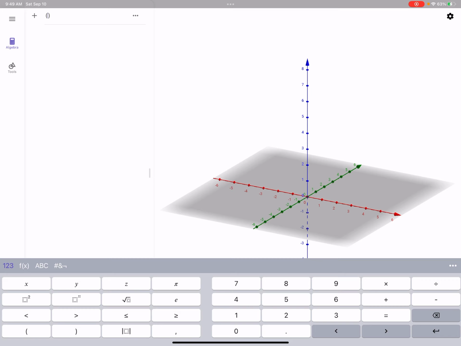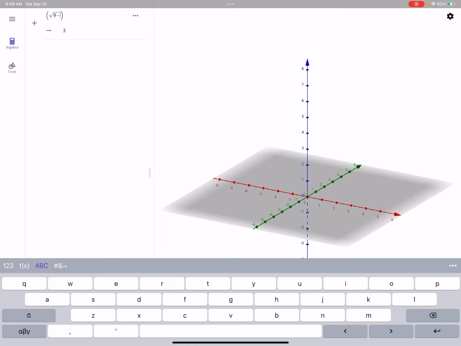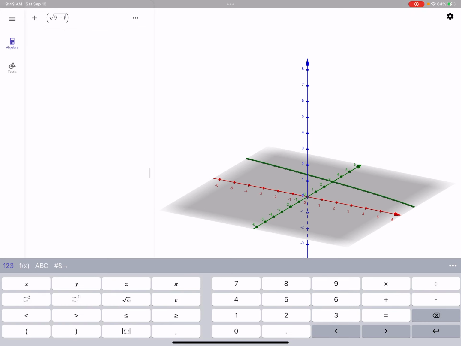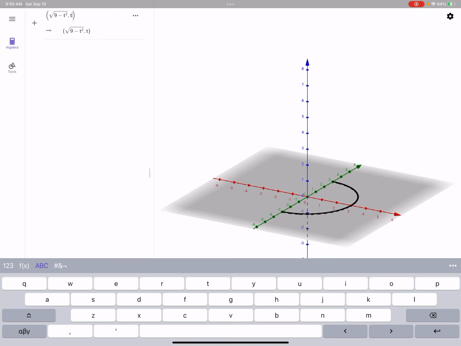So we have the square root of 9 minus t, and we want that to be squared. And then the second component was t, and the last component was, all right, actually, let's stop here for a moment.